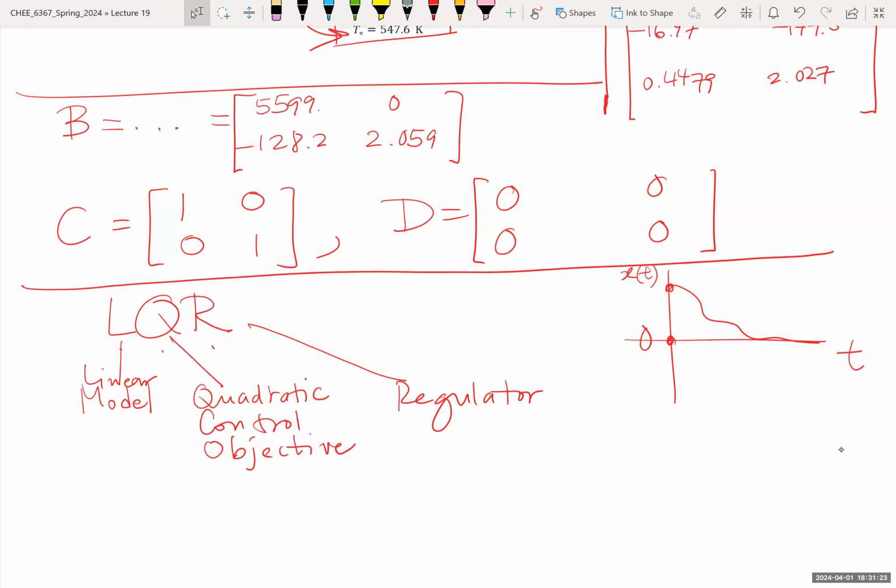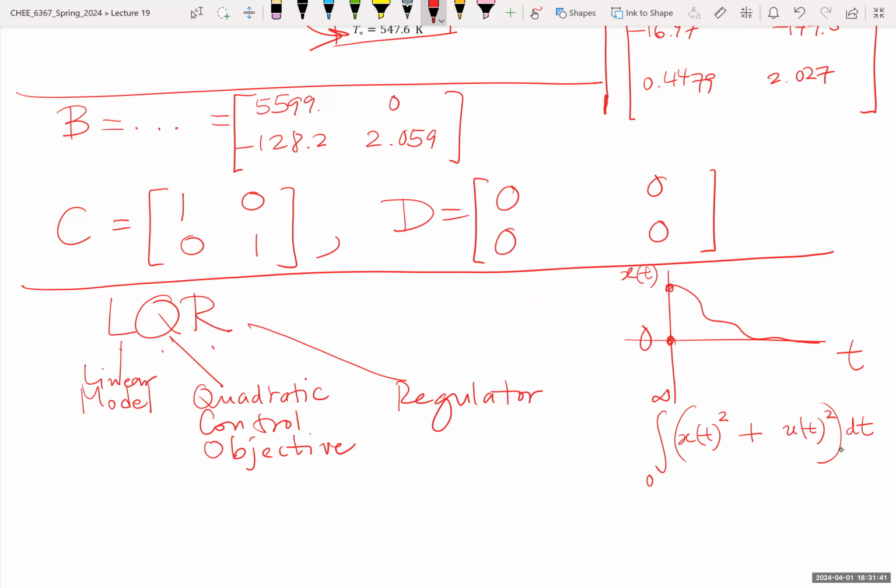Associated with that is a corresponding cost, which is the cost of x of t squared plus the cost of the input that you use squared, dt, 0 to infinity. You have as much time as you need.